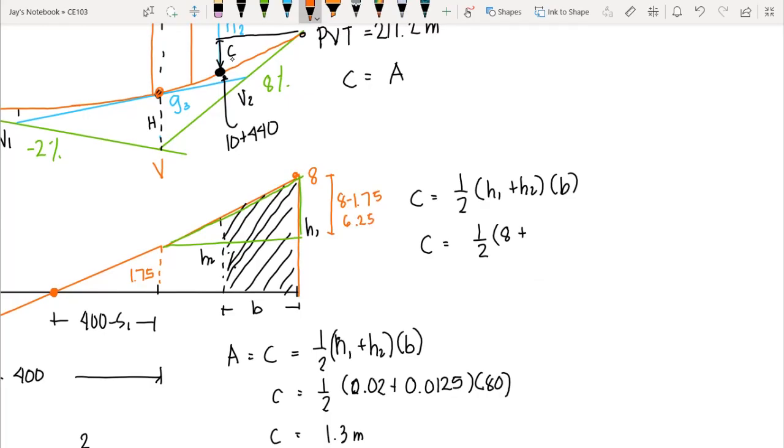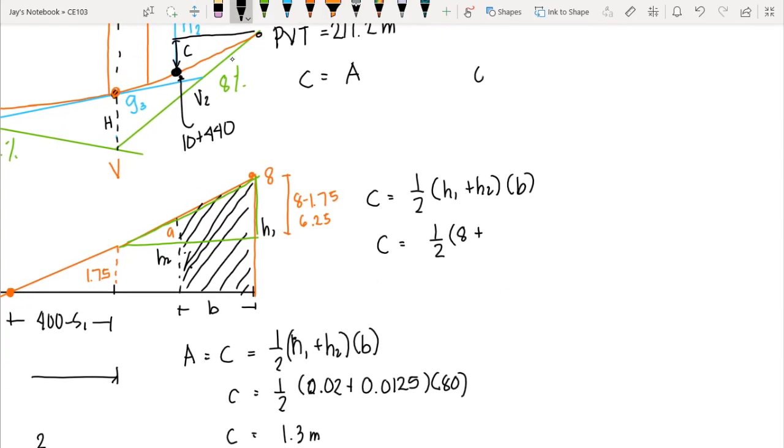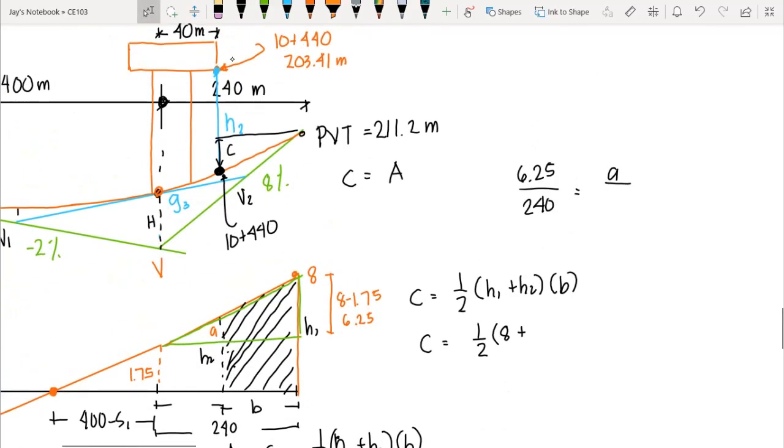Let's say this is our A. So ratio and proportion, we would have 6.25 over the length, which is 240 meters, equals A over, now we do not know the length of this, but we have the station 10 plus 440.